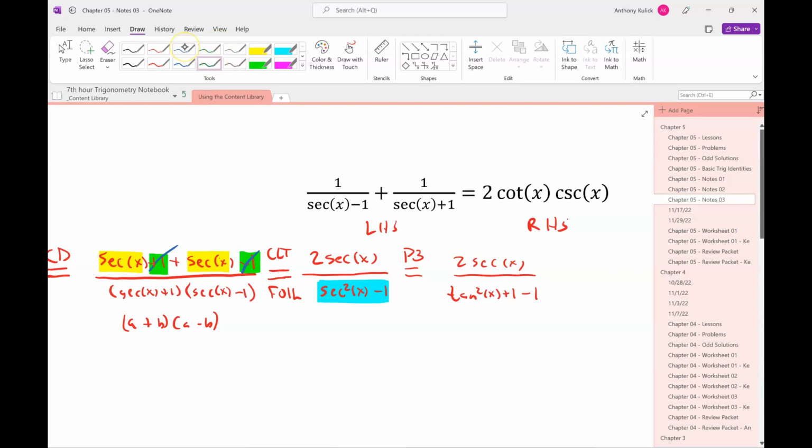What do you notice now? Look for algebraic. Look at the denominator. Yeah, the +1 and -1. Well, that's nice.